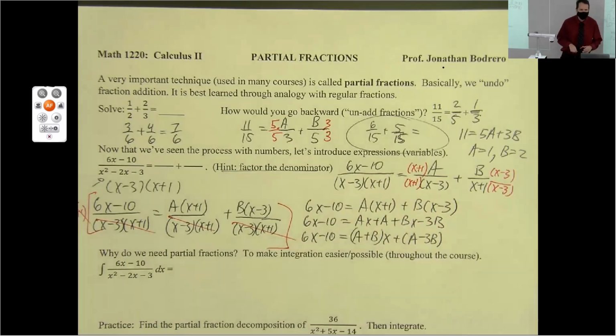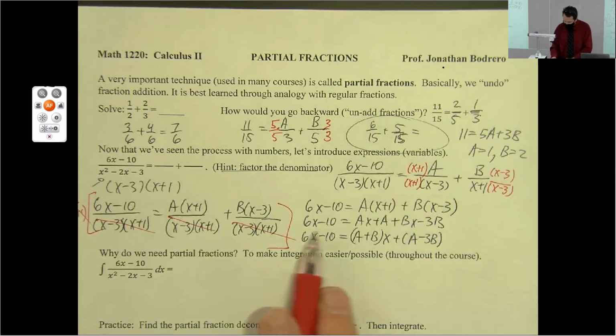In other words, I'm going to group on the x's, group on like terms. Are we okay with that? How does that grouping on like terms help me? It gives me simultaneous equations.